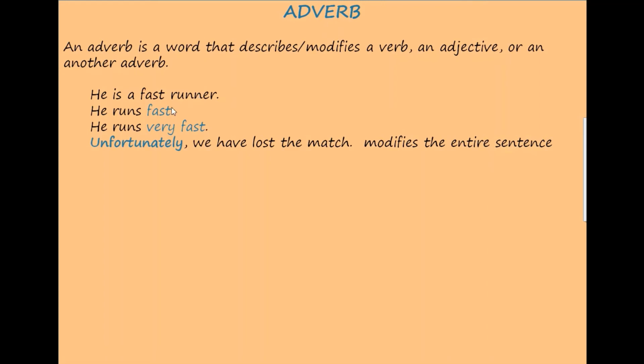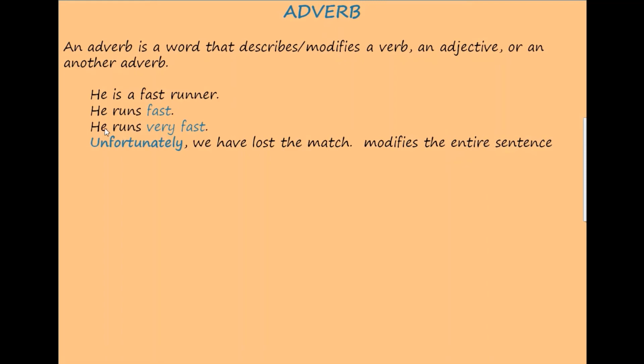Now, fast modifies runs, and runs is a verb. Here, fast is modifying a verb. It means fast is an adverb here. So an adverb is a word that modifies or describes a verb, and here fast is describing this verb runs.